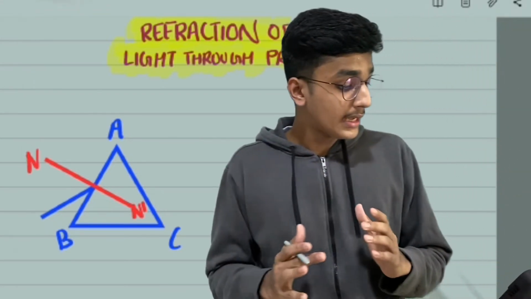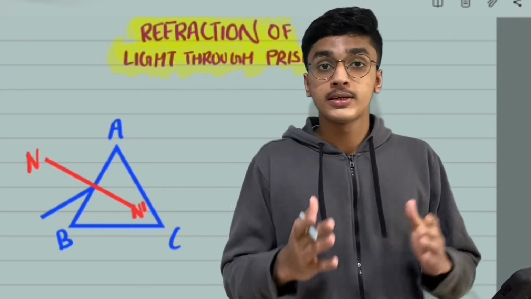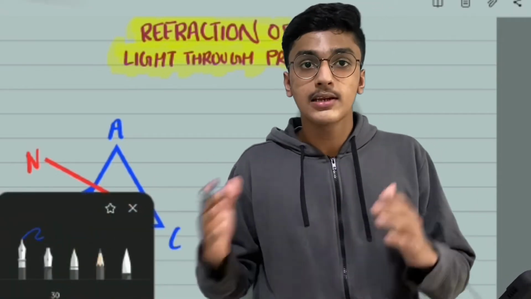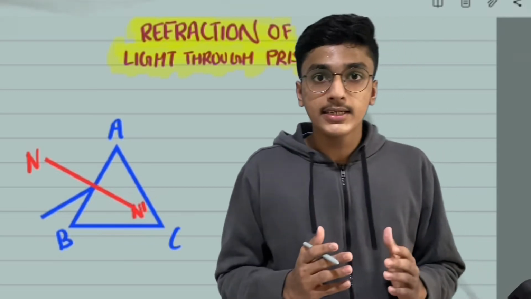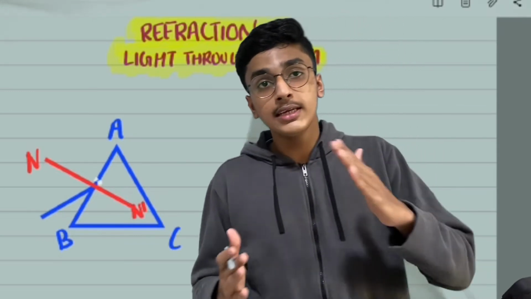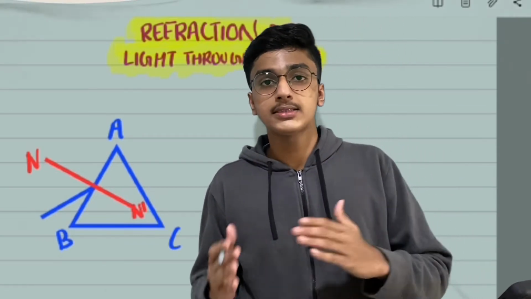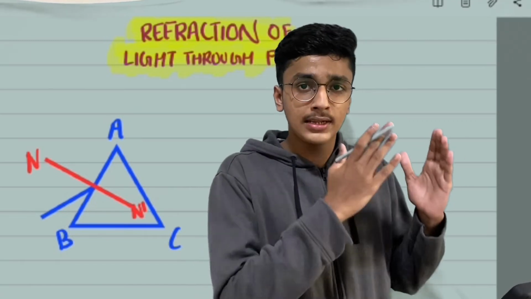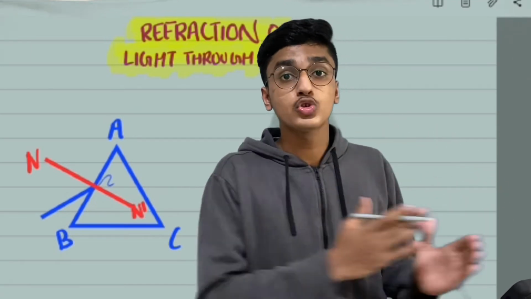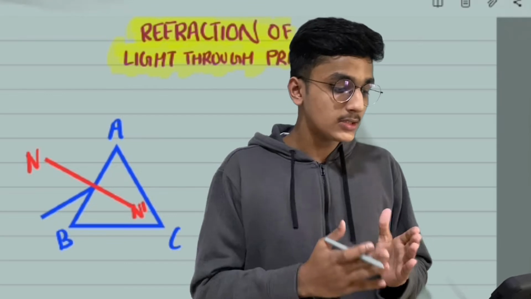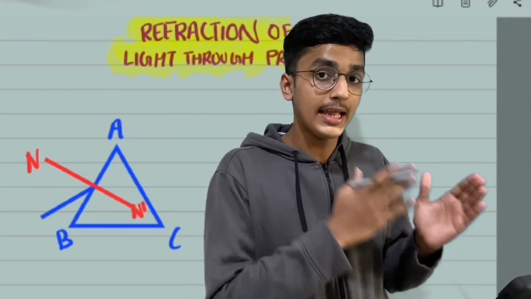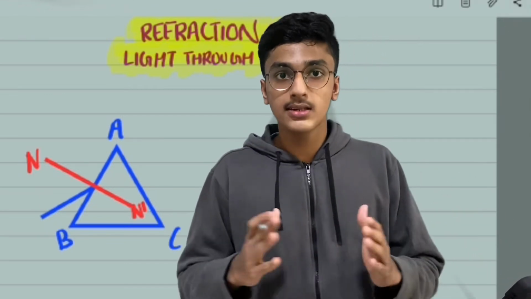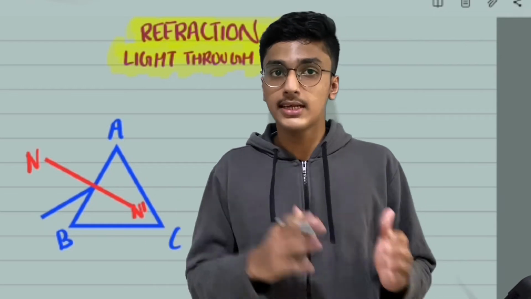Now I have to draw the refracted line. The refracted line in this case would lean towards the normal as it passes from a lighter medium or a rarer medium to a denser medium. In this case, we are taking the rarer medium as air, and the glass prism is denser than air.